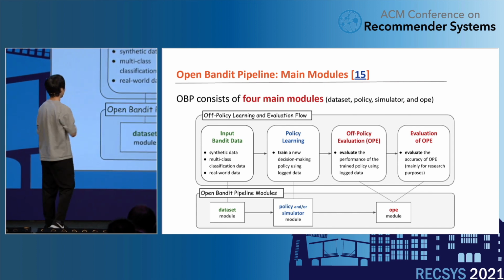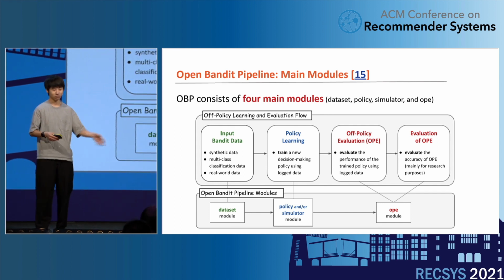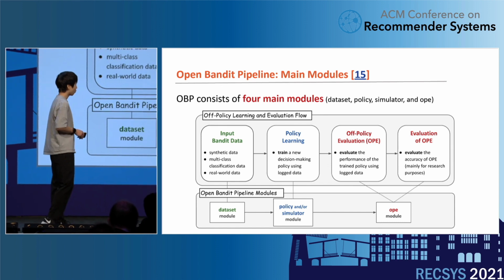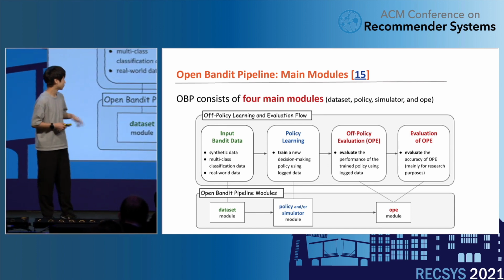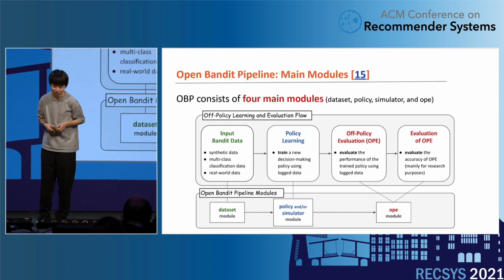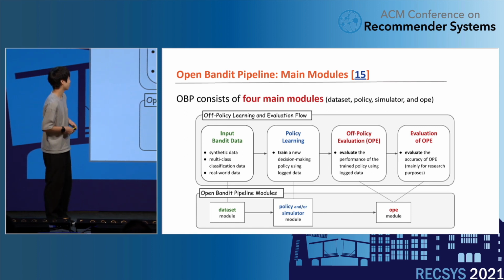So we train a new policy using only log data, that's off-policy learning from the previous section. Right after that, we want to evaluate the performance of the newly trained policy, again using only the validation log data. That's policy evaluation.